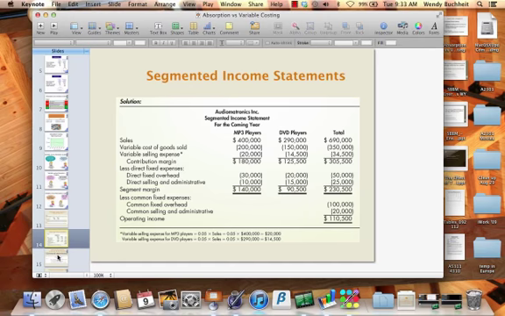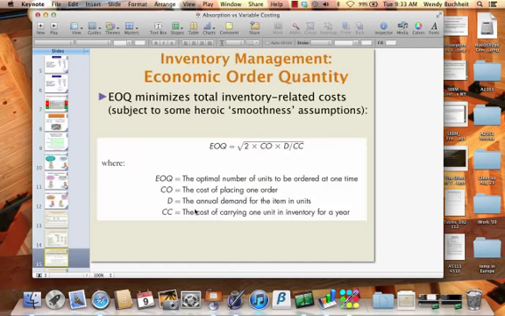Final topic in Chapter 8 deals with inventory management. In some ways, this topic just seems to be stuck onto the chapter. It's meant to be some kind of link to other chapters and other courses, specifically operations management. And when you look at chapters 5, 6, and 7, they all talk about what is the cost of inventory. Cost is important to help you manage inventory.